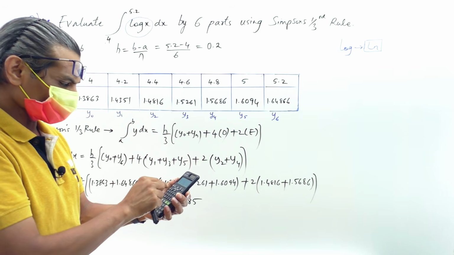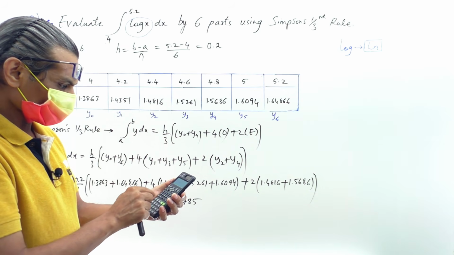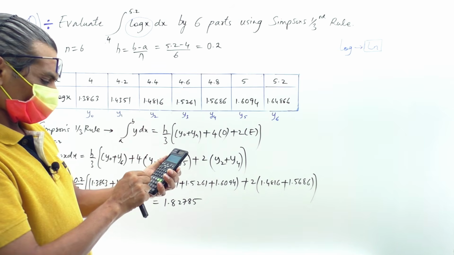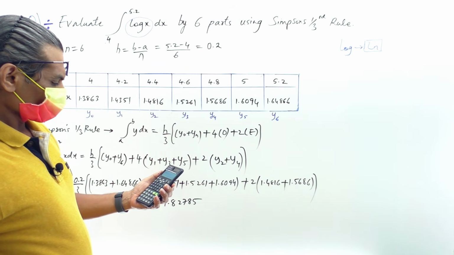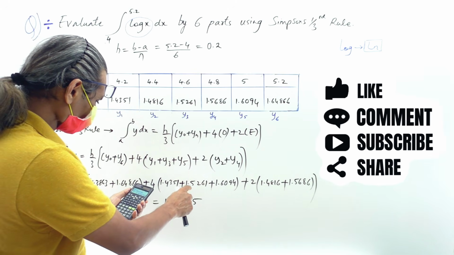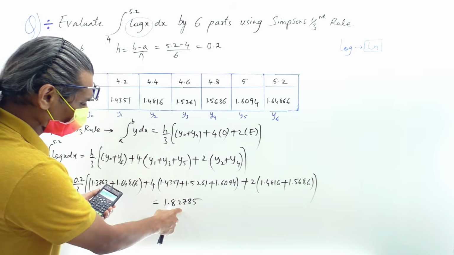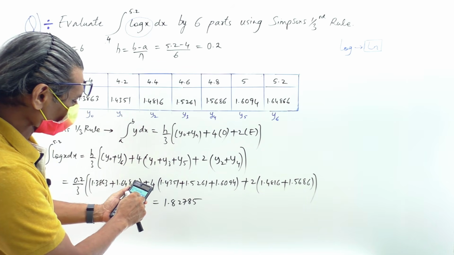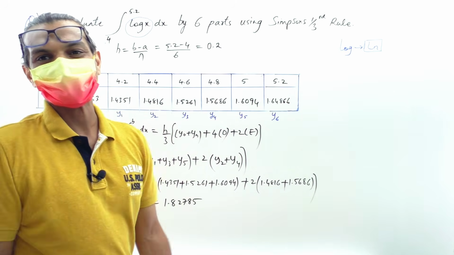Go down, the limit is 4 to 5.2, equals. 1.827847 is nothing but 1.82785. Round it off. That's it.